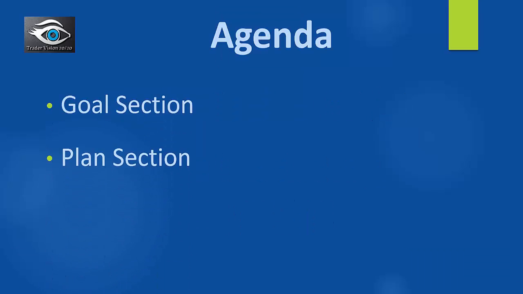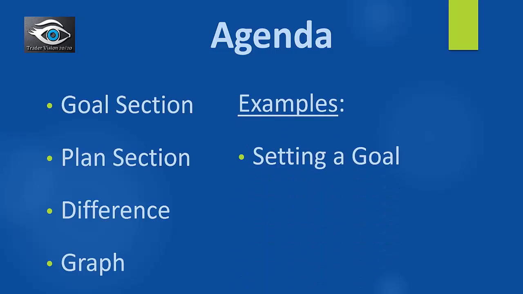On our agenda tonight, we're going to go through the new goal view, including the various sections of the form: the goal section, the plan section, the difference between the plan and goal section, and then of course the graph to show that all to you visually. After we do that, we'll do a few examples. I'll walk through examples of setting a goal.